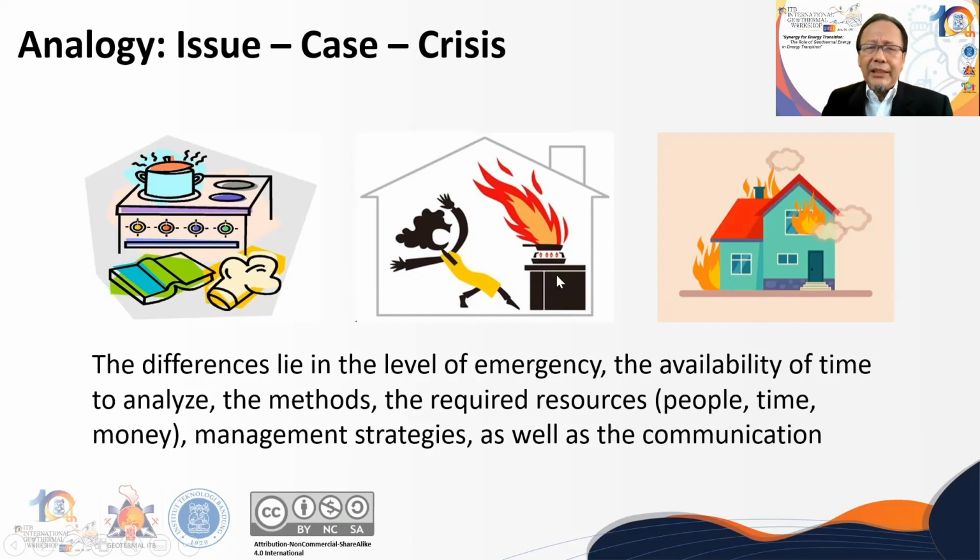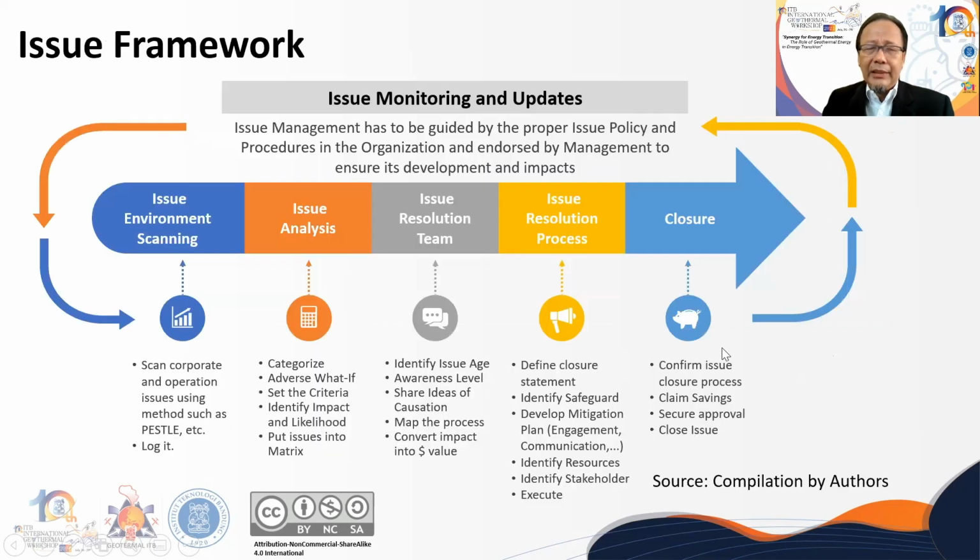The difference in managing this lies in the level of emergency, the available time to analyze, the method, and the resources required. To manage it, we also need a strategy as well as a communication strategy, so it will be different from issue to case to crisis.